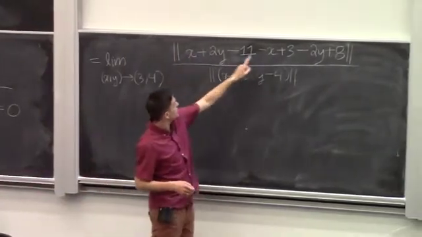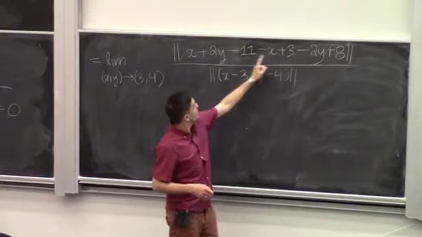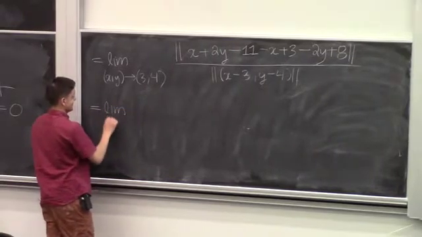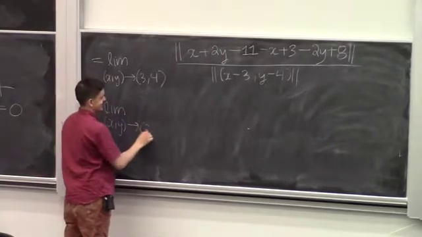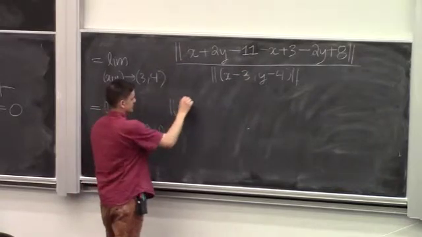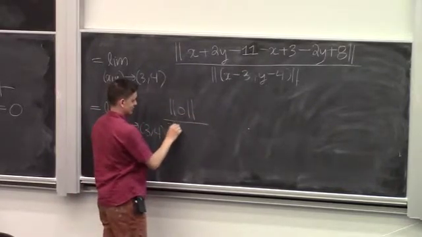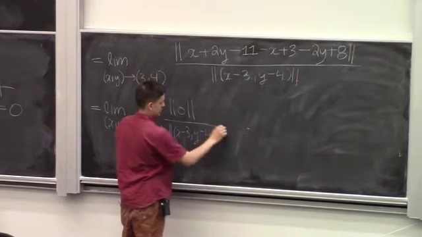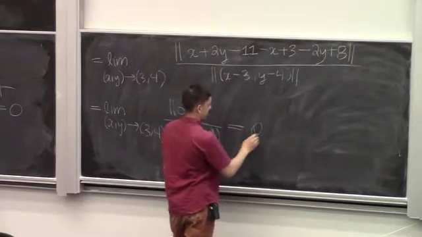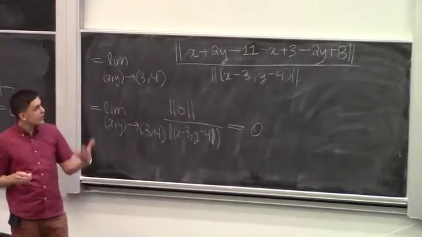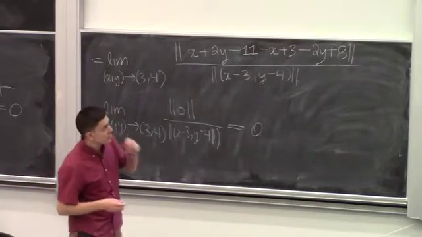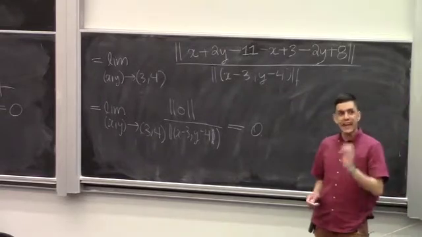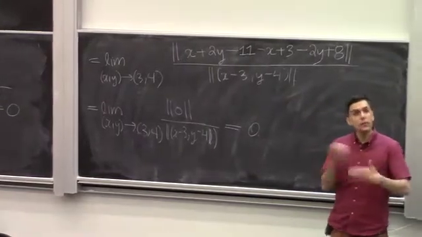The x's cancel, the y's cancel, the 11's cancel. Okay, so we found a choice for our tangent plane that made the limit we needed go to 0. Okay, I want to spell out exactly what that choice is because it'll come up over and over again.